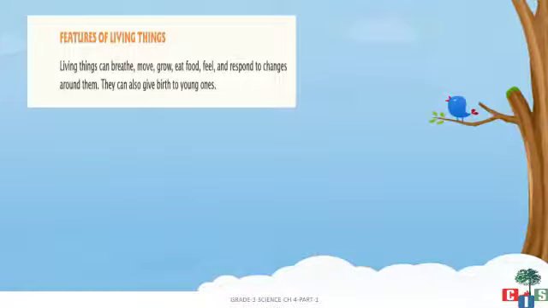The next one is grow. Yes, we are growing. We were small kids and now we have grown up. And next one is eat food. Yes, we are living and we are eating food. Yes. Then the next feature is feel. Yes, we can feel if a given substance is hot or cold.